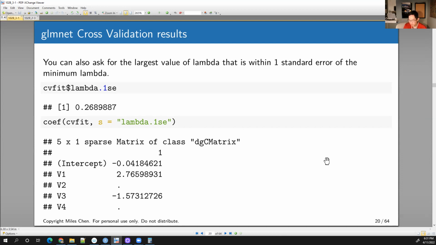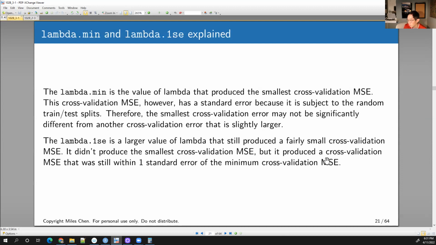Okay, I think this is everything that I just explained, but I'll read through it really quickly. The lambda.min is the value of lambda that produced the smallest cross-validation mean squared error. This cross-validation mean squared error has a standard error because it's subject to the random train-test splits.